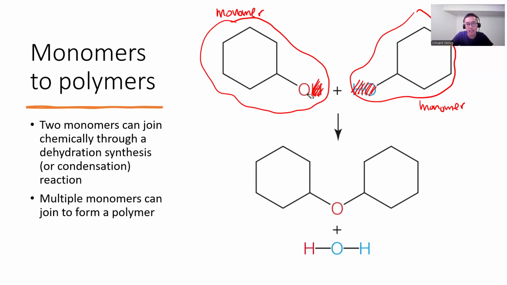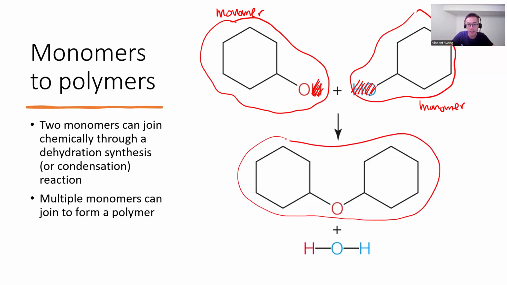Once you've done that, you can connect the two monomers together, and then you have this product. So what happens to the hydrogen and the OH that you remove? They join together to form a water molecule. So when you join monomers together, you have to remove a water molecule.